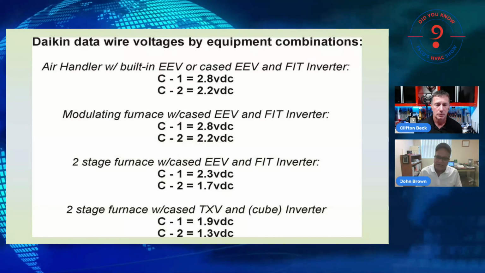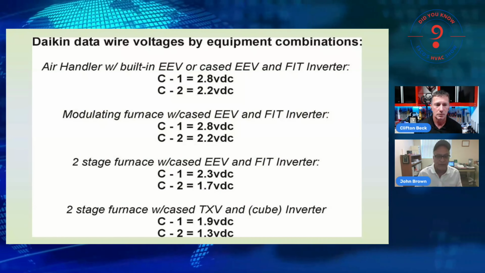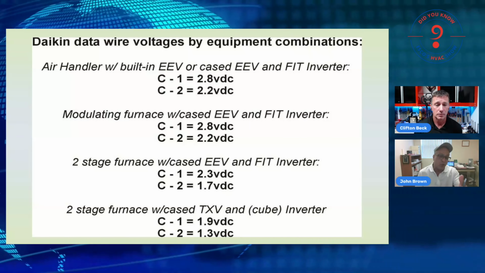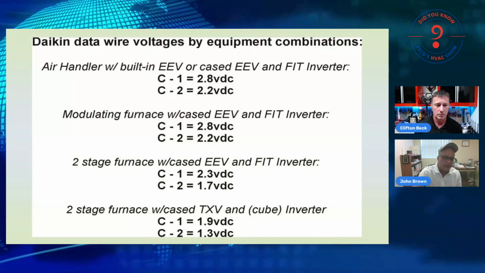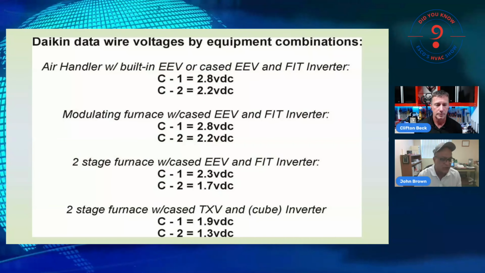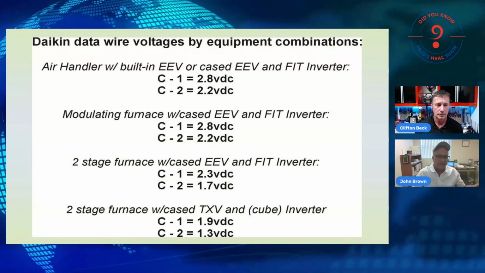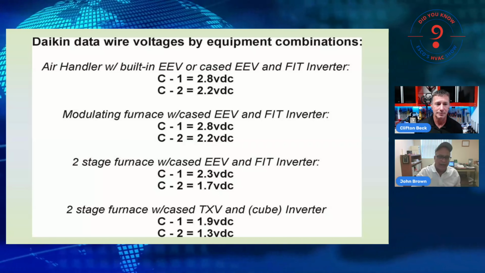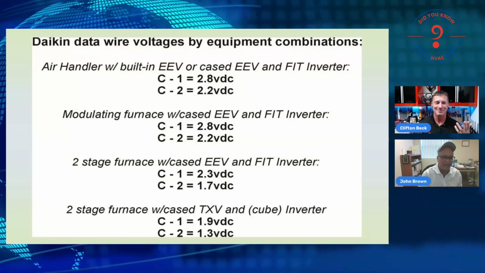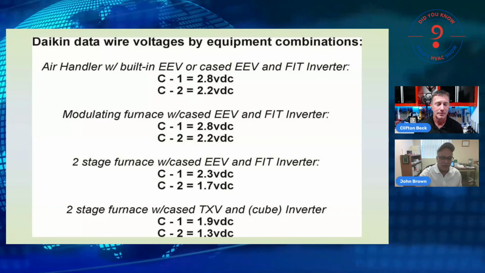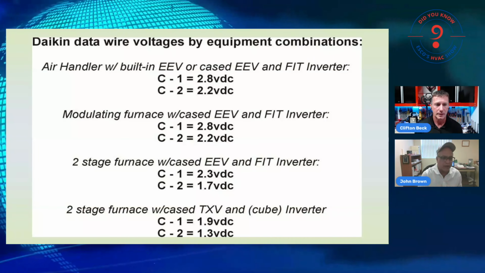The 2-stage furnace is an unusual child in that it's a 3-volt board, so its voltages are 1.9 and 1.3. But if you couple that 2-stage furnace with an EEV cased coil, which is putting out 2.8 and 2.2, you have to do the math. 2.8 and 1.9, add them together, divide by 2, you get 2.3. 2.2 and 1.3, add them together, divide by 2, you get 1.7.